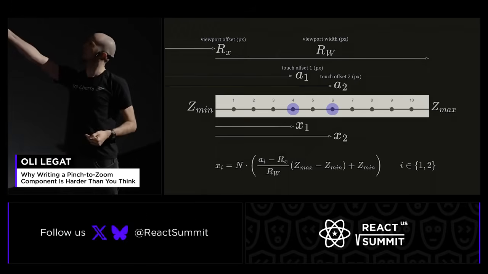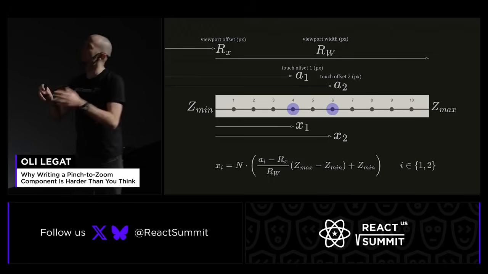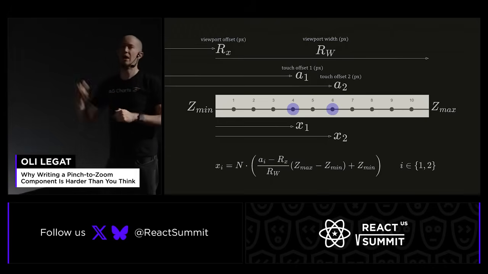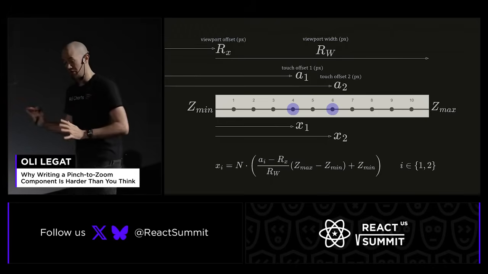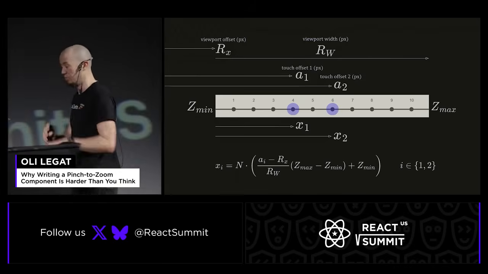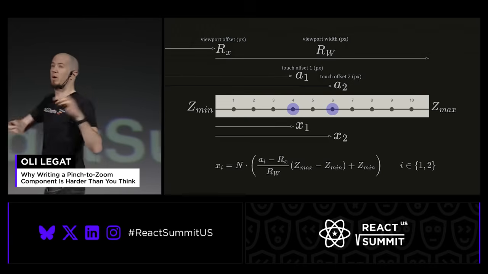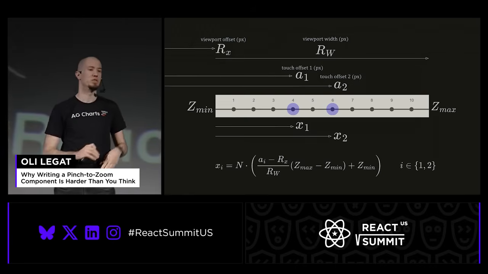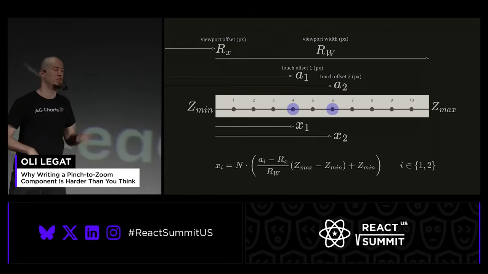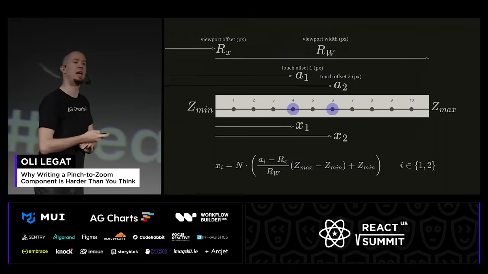I've also added in here this n value, which for our use case just means 1. I've added it there for completeness because, in some cases, when you're dealing with floating point errors and whatnot, you may want a larger value. But for us, n is 1, and I put it there for completeness.